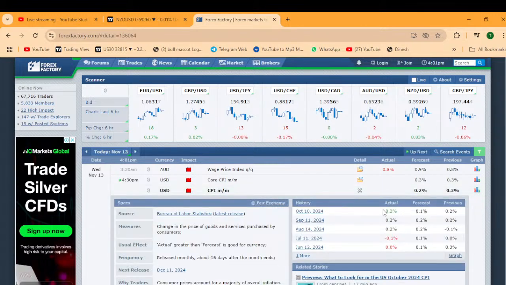The month per month CPI, how CPI has been doing month per month, the previous 6 times. We are seeing that the US dollar has been fighting since June and July. It performed poorly in June and July, but August was stable, September was stable, and then October was positive.